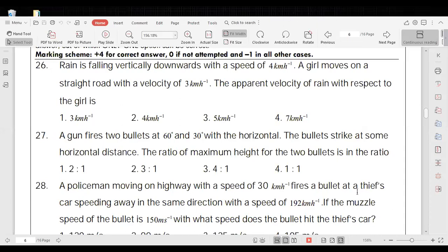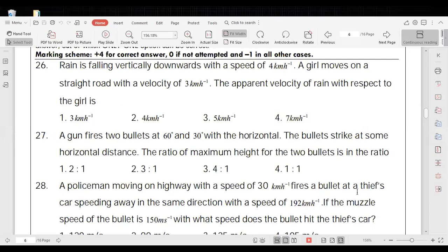But as the man is also running with a velocity of 30 kilometer per hour, the policeman is also running towards the thief. At the time while he is running, he fired the bullet. That's why this velocity of the man is also added to this one.